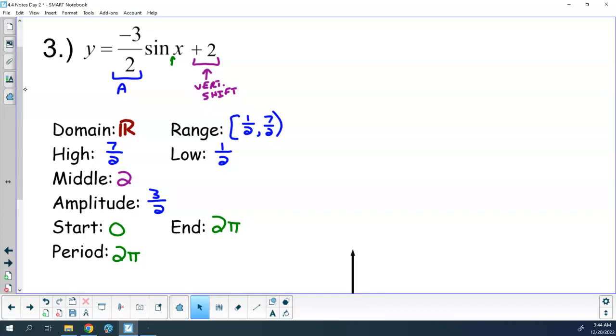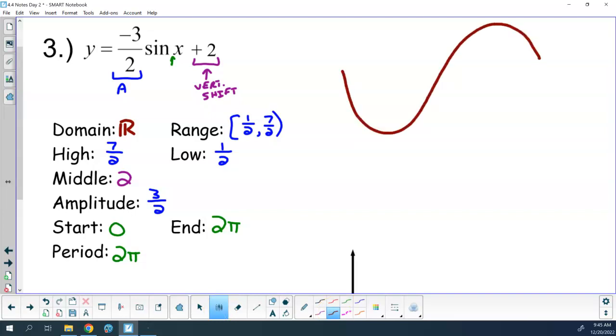So this is a sine curve, right? with a negative a value. Starts middle, goes up, middle, down, middle, or the opposite way. Opposite way, right? Okay. So I am going to start here with my curve.